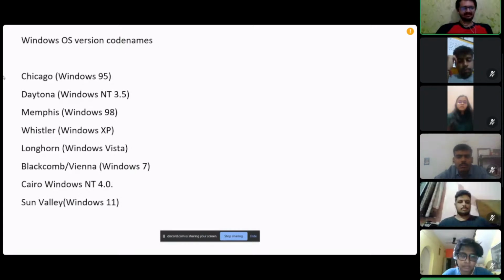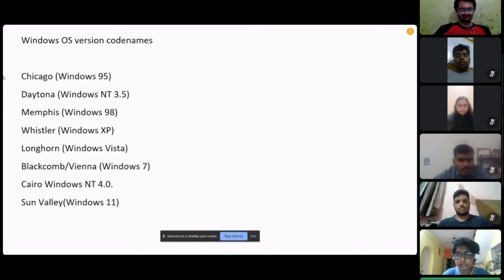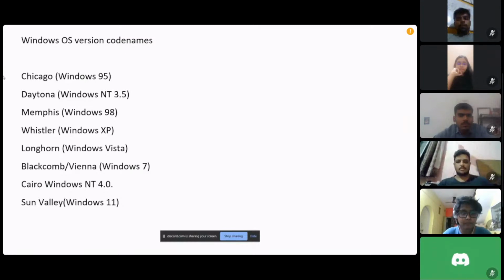We need the code names. Code names is the important word. Yes, and that's the answer. So these are all code names. P7, I think P7 gave the answer, right? P7 plus 5. And who will get the direct now?